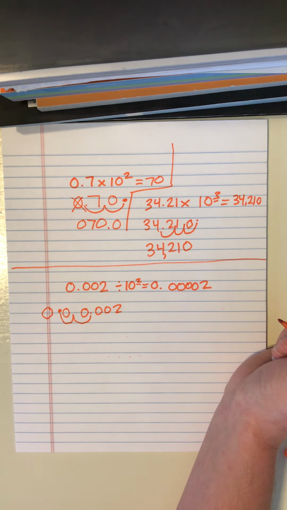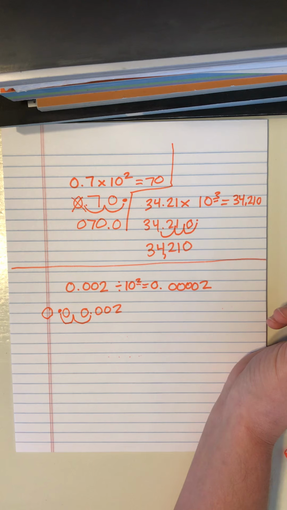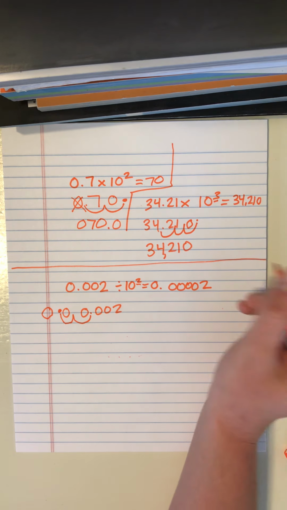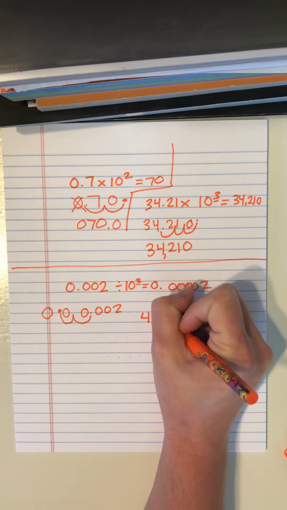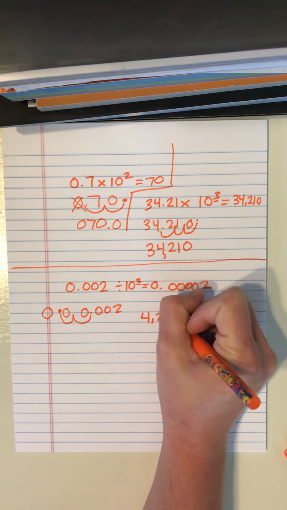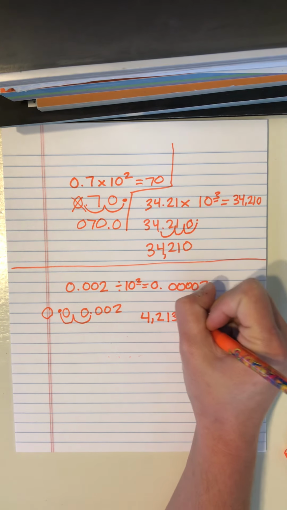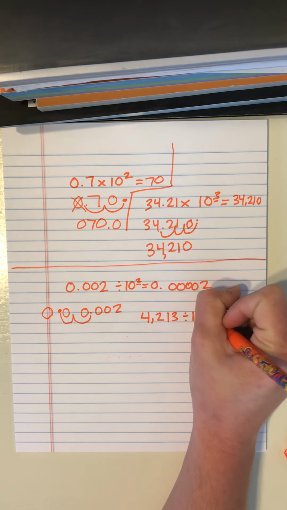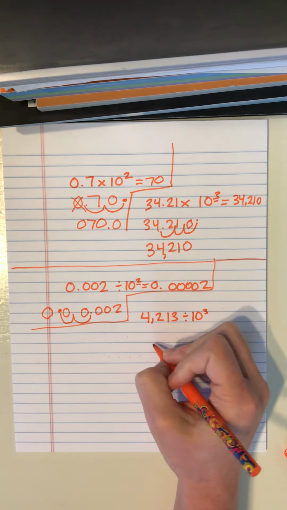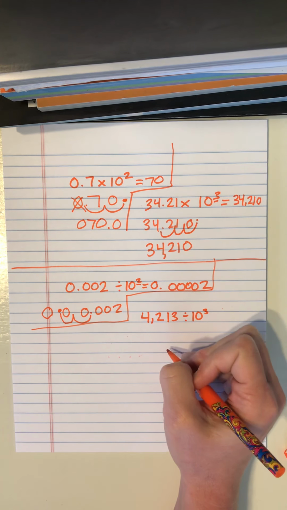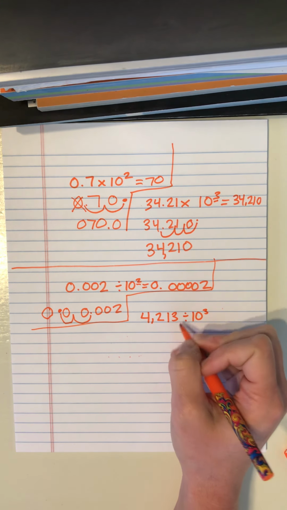Let's say we had 4,213. And we're going to divide by 10 to the third power. Okay? I know when I have a whole number, my decimal is at the end.